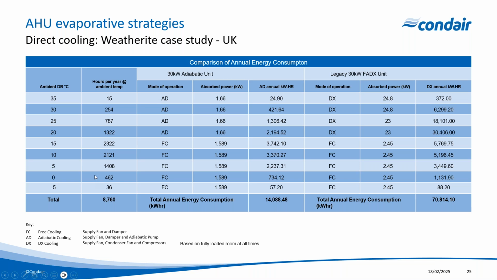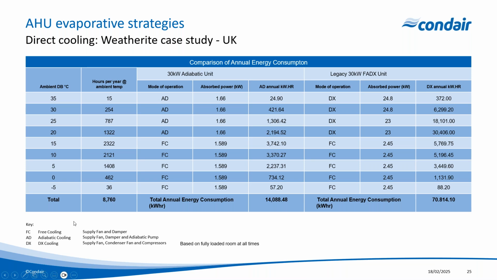So we can see how many hours we'll experience those temperatures throughout the year and how many hours we'd potentially require cooling. Now the two next sets of data represent the performance data for the 30 kilowatt adiabatic unit compared to the legacy 30 kilowatt DX system.